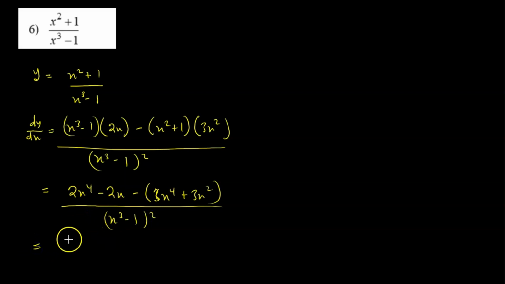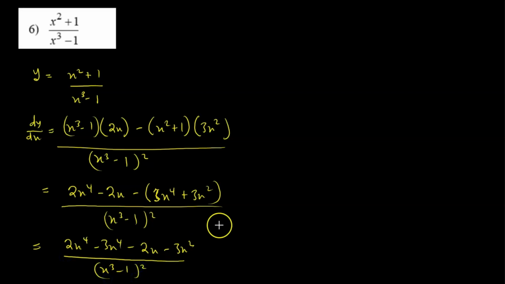Final expansion and simplification will give us 2x to the power 4 minus 3x to the power 4, then minus 2x, then minus 3x squared, all on x cubed minus 1 all squared.